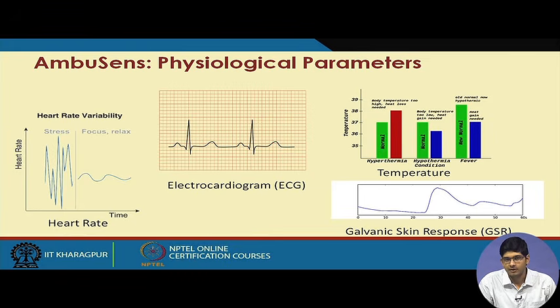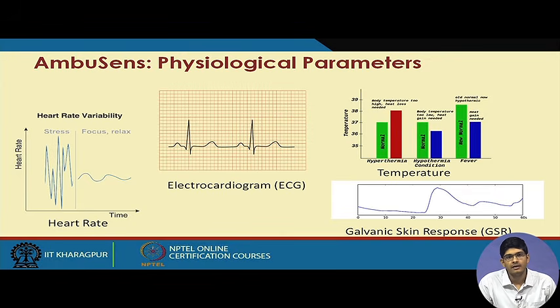The Ambusens project incorporates different IoT based sensing technologies and is capable of monitoring different health parameters. Some of the parameters monitored are heart rate, electrocardiogram, temperature, galvanic skin response, etc. The exact parameters which are monitored often depend upon the particular application scenario.